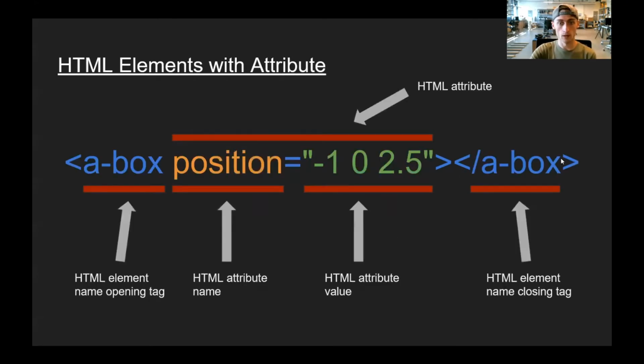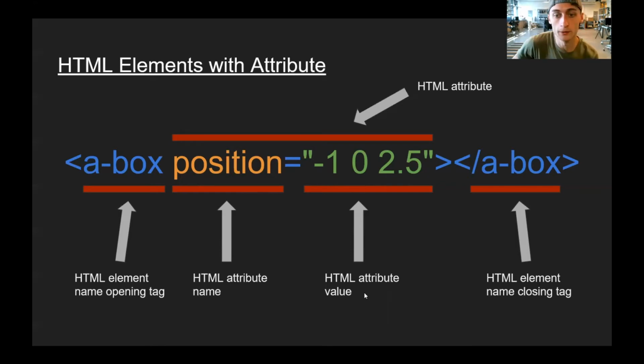All right, so here's an example where we do have an attribute defined in our a-box. And one of those attributes is position. So you'll notice here that the HTML attribute has a name, which is the position in the color orange. And then in the quotation marks in green, we have our actual value.